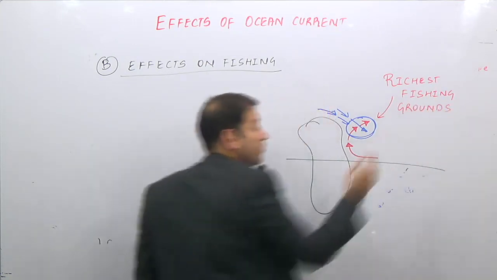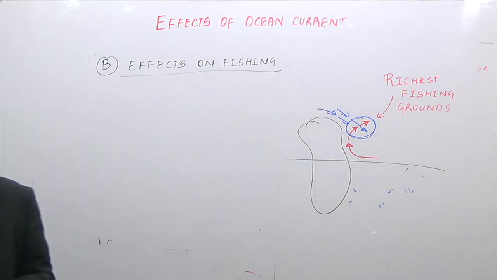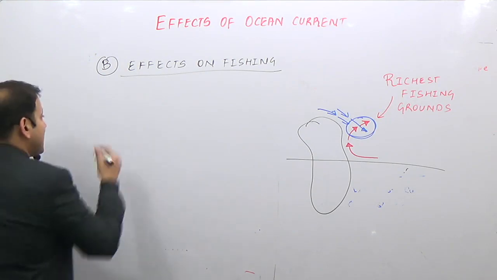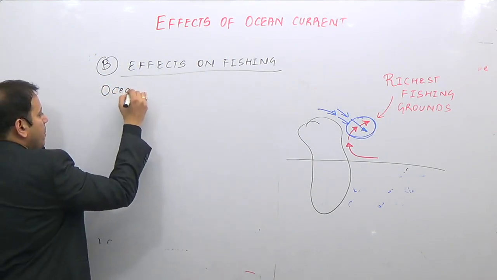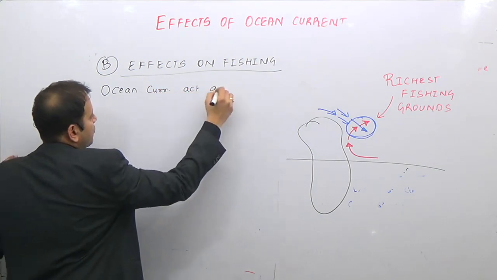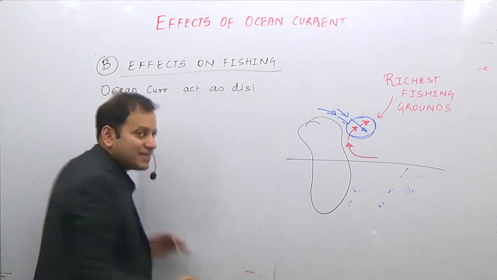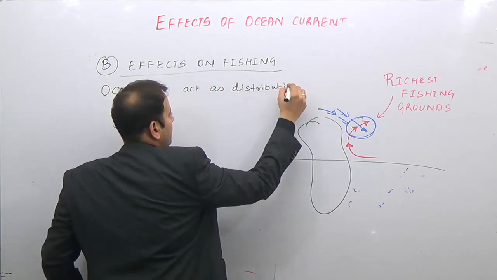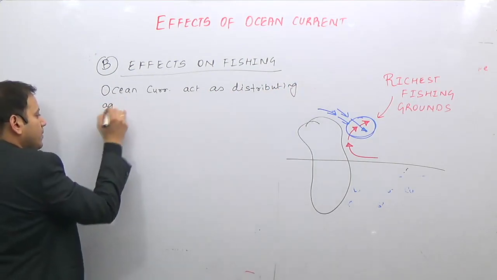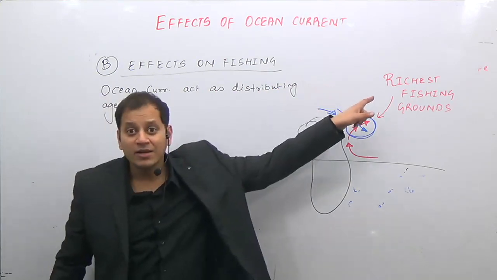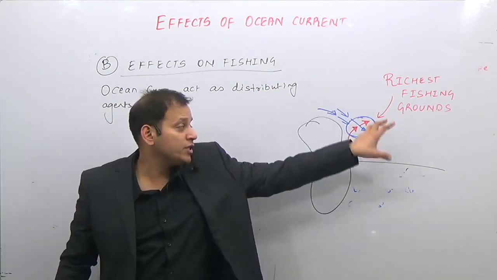So what is the effect on the fishing? Ocean currents act as a distributing agent. That means they distribute this oxygen and nutrients. The cold ocean current will bring the cold nutrient-rich water downwards.